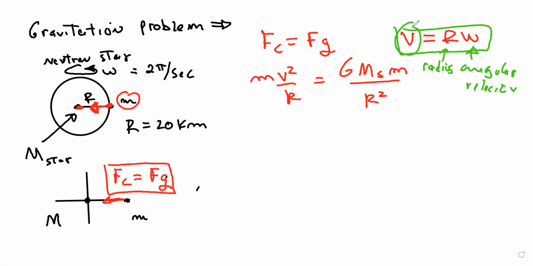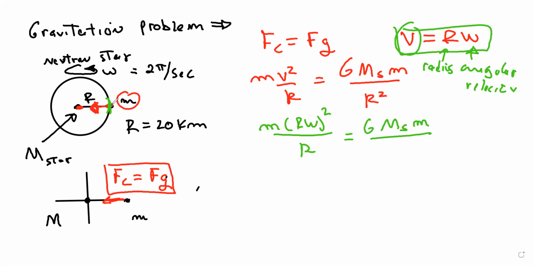So we have that m times r omega squared over r is equal to the constant of gravitation, mass of the star, mass of the particle on the surface, over r squared.